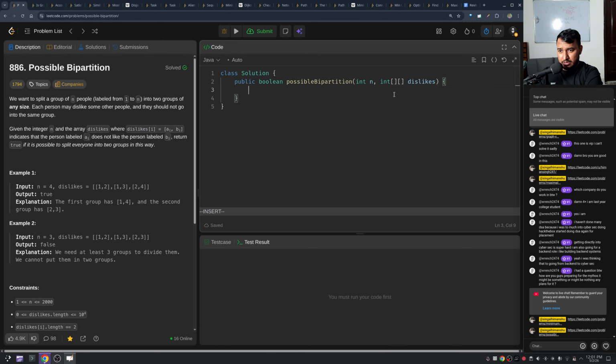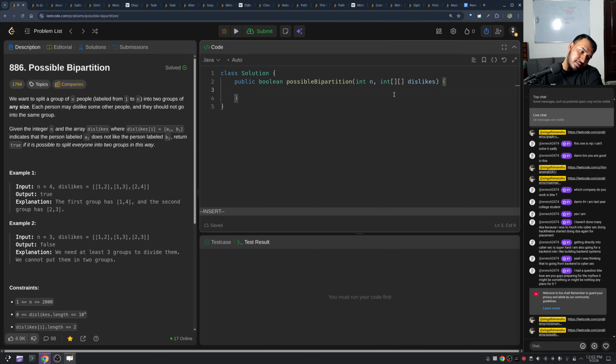Possible bipartition. What does this question say? We want to split a group of n people labeled from 1 to n into two groups of any size. Each person may dislike some other people, and they should not go into the same group.